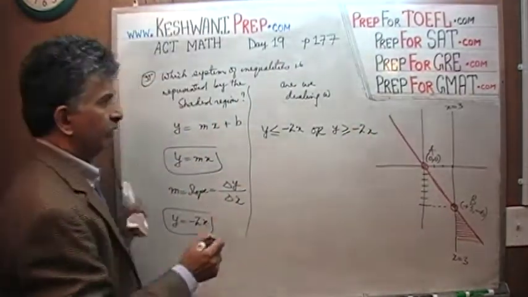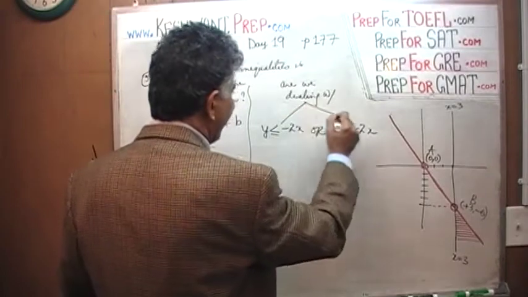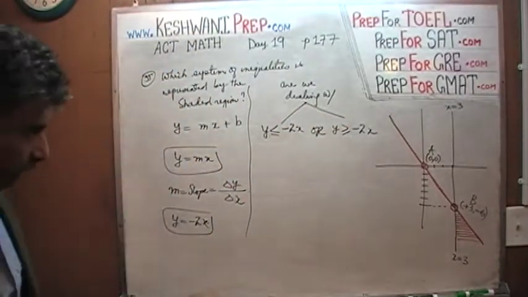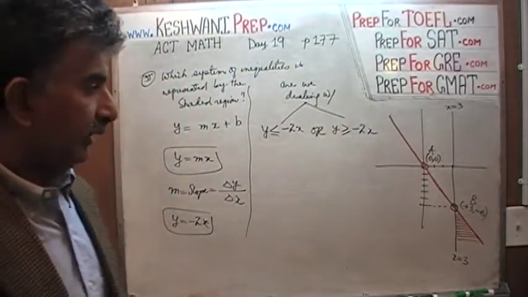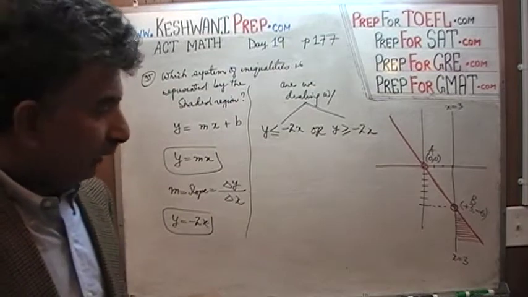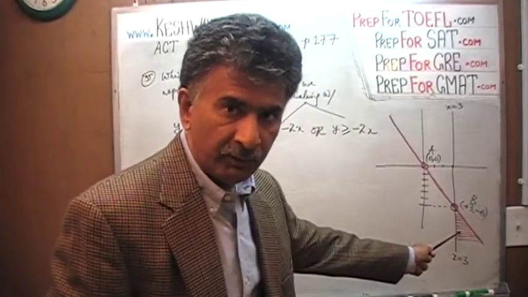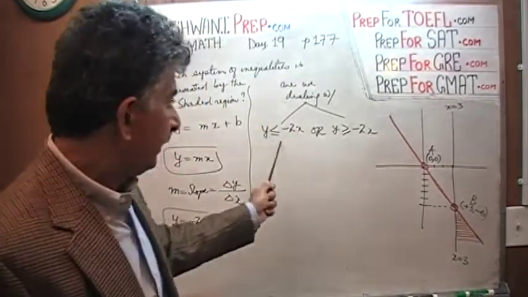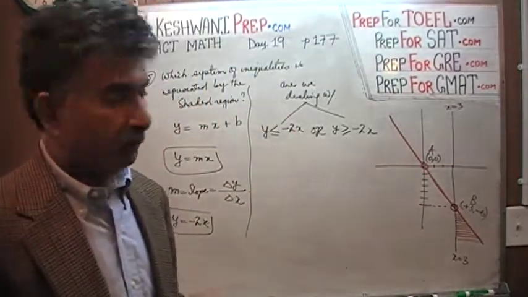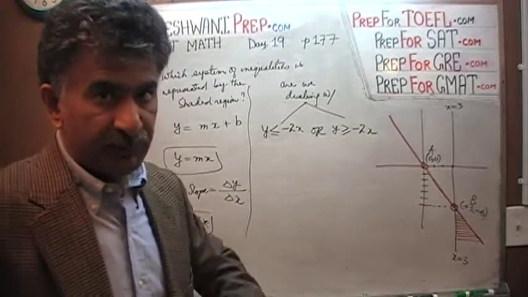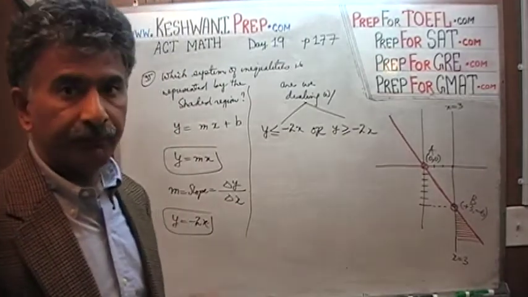That's what we have to figure out. Are we dealing with this part or that part? It's very simple to figure it out. What we do is we take one point in this region, just pick any point, put it in here and see which one holds. Whichever one that holds, whichever one that works, is what we're looking for.